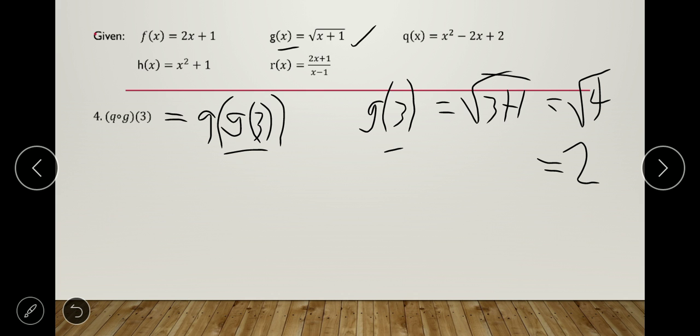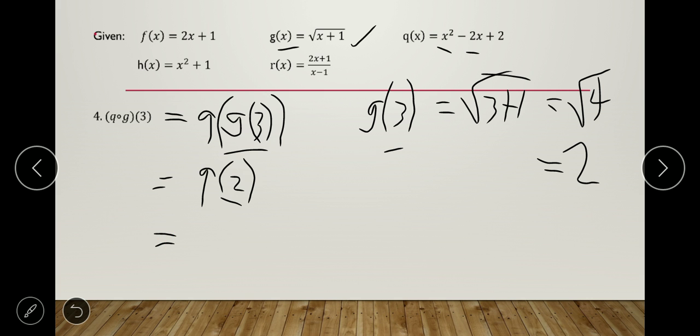Substitute. So this is now equal to Q of 2. Now take note, we are dealing with the Q notation. So we have to base on the quadratic function. At this point, we are going to substitute 2 to every x variable of your Q of x function.